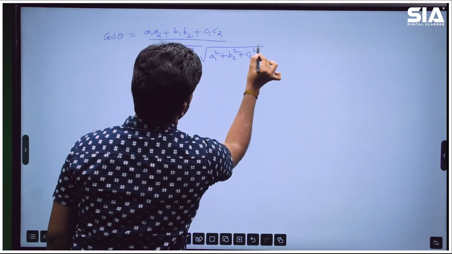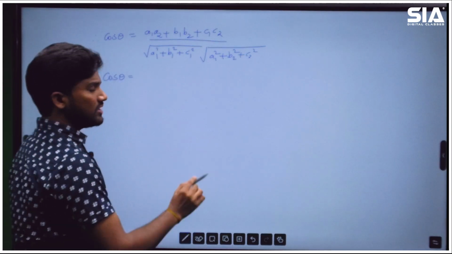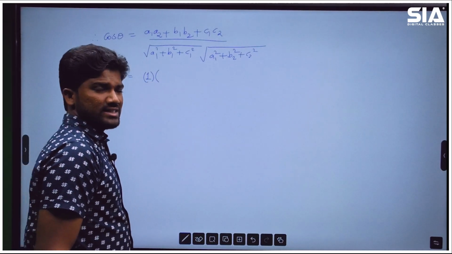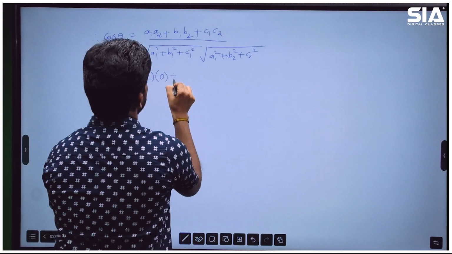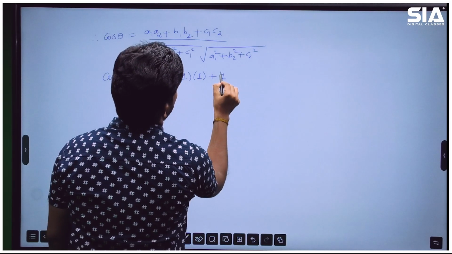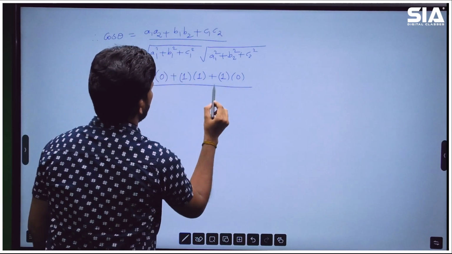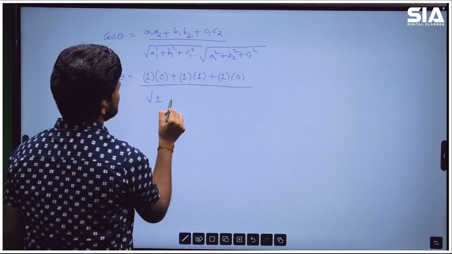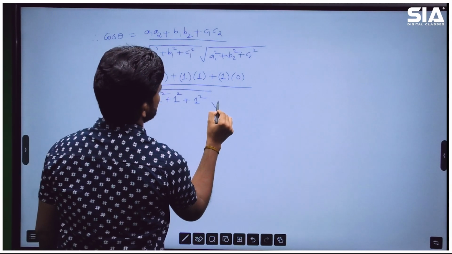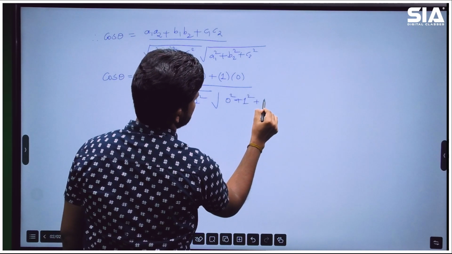Here a1, b1, c1 are 1, 1, 1 and a2, b2, c2 are 0, 1, 0. Substitute the values: 1 into 0 plus 1 into 1 plus 1 into 0, divided by under root of 1 square plus 1 square plus 1 square, times under root of 0 square plus 1 square plus 0 square.